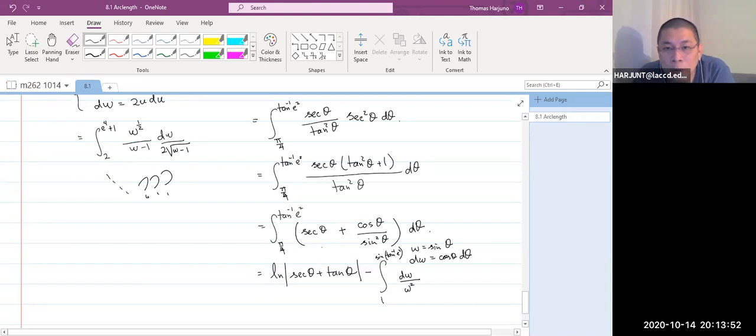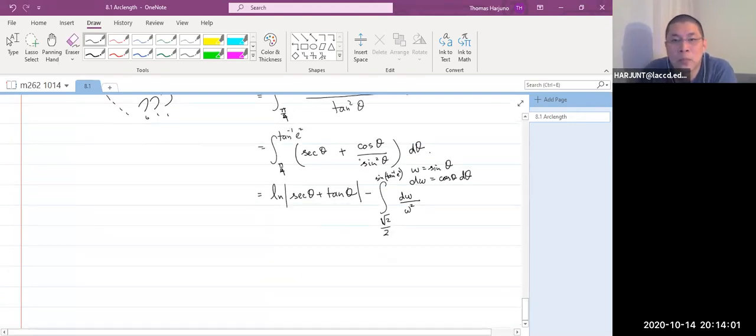This should be pi over 4. So this would be, thank you, that's a crucial one. This is from pi over 4 to tangent inverse of e squared. Man, that's kind of heavy. I will do the numbers later on altogether.